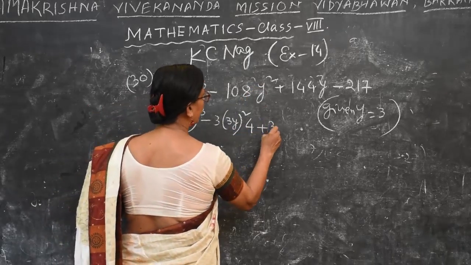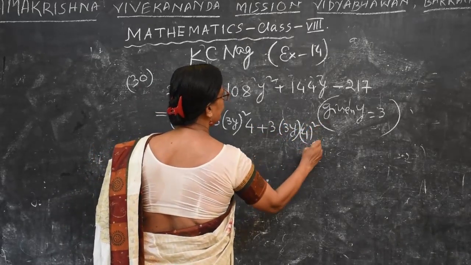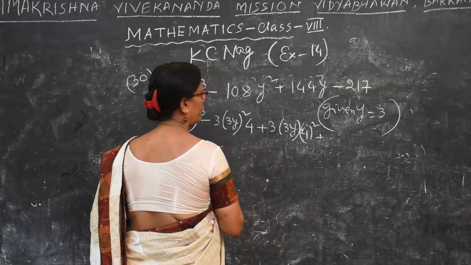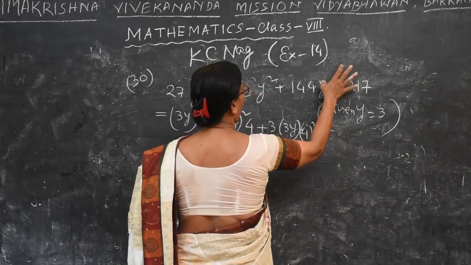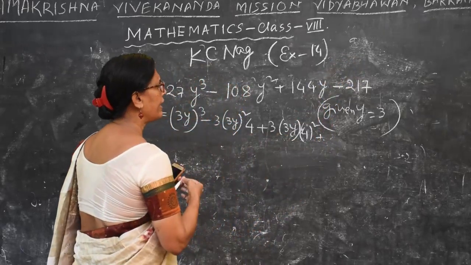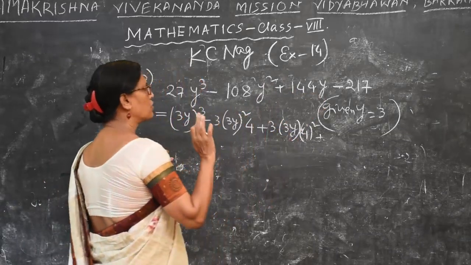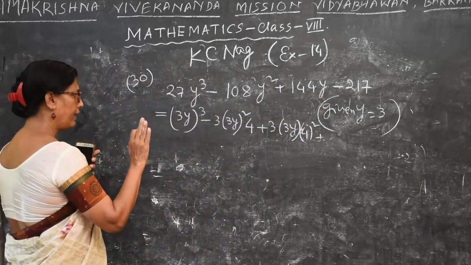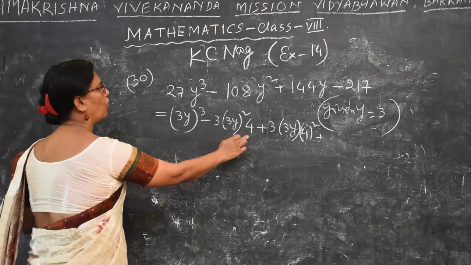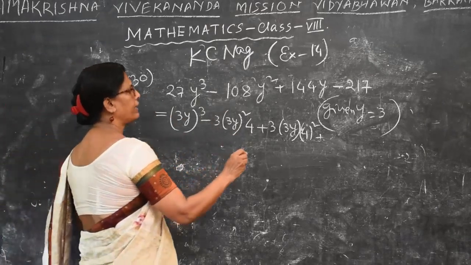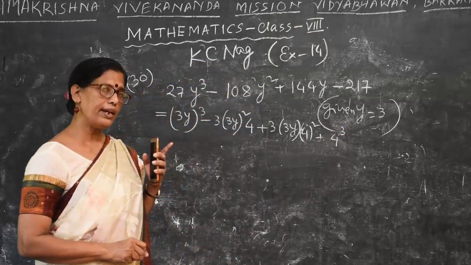Now next is 3 into 3y into 4 square. See the value. 4 square is 16, and 16 into 9 is 144. Y is y. So here we use 3y as a whole a and 4 as a whole b. So it is the 4 cube. 4 cube means 64.